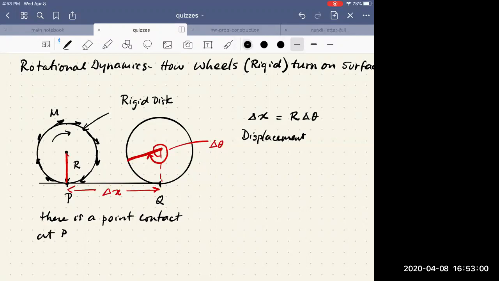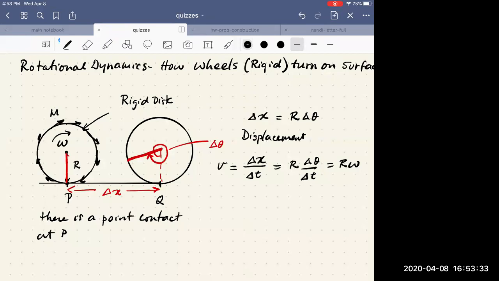This, by the way, is also a no slipping scenario, right? And if I now make delta x over delta t, this quantity would be the velocity, and the velocity would be r times delta theta over delta t, and this would be r times omega. What is this omega? This omega is the angular velocity or angular speed with which this wheel is turning. And what is this V?